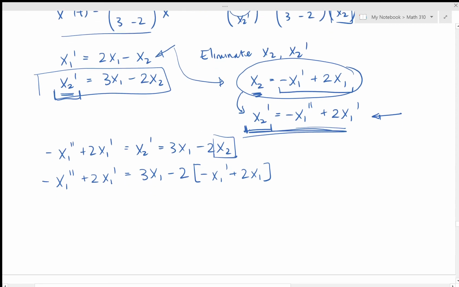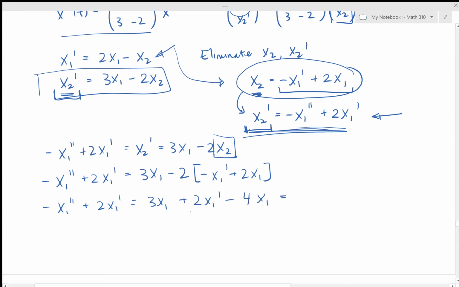There it is. Now it's a simplification problem. I've gotten rid of x2 and x2 prime, and I just need to put everything together in a simpler manner. So minus x1 double prime plus 2x1 prime equals 3x1 plus 2x1 prime minus 4x1.